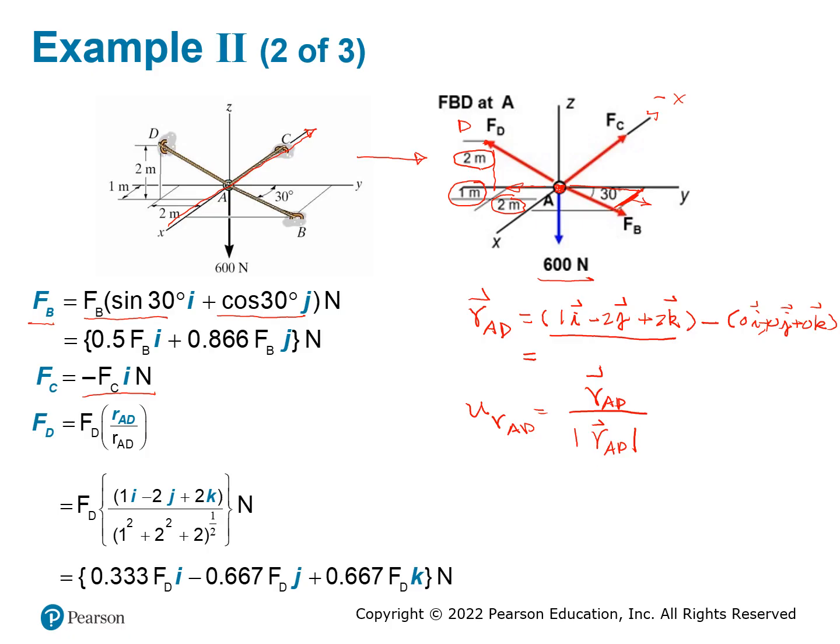This magnitude is going to be equal to the square root of 1 squared plus negative 2 squared plus 2 squared, and that is what this RAD magnitude is. What I was doing is simply this: if you multiply the unit vector with the amount of f of d, this is going to be the position unit vector, and you can represent f of d in terms of Cartesian coordinates.